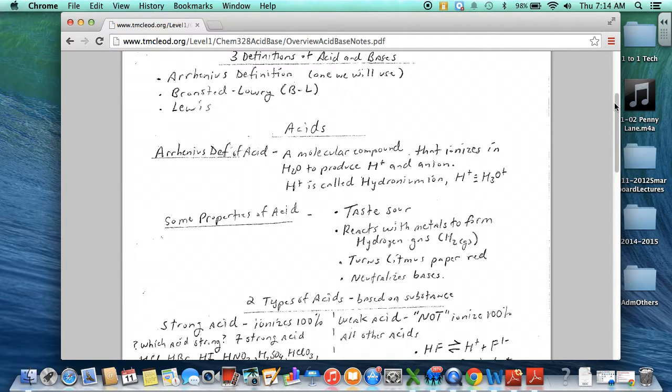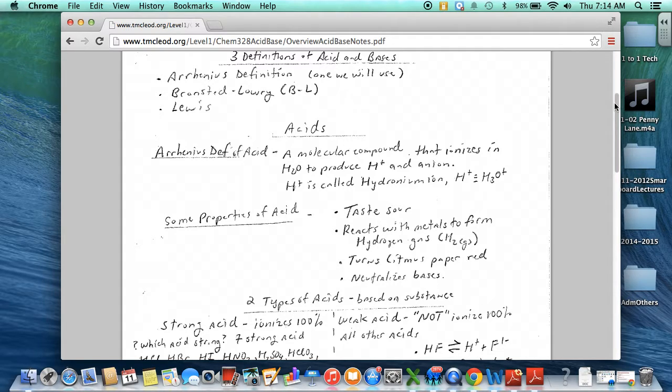For first year, we're not going to talk too much about this. At least for now, we'll stay in the Arrhenius definition. And maybe if we get further along, there will be other videos on Bronsted-Lowry and Lewis acids and bases.